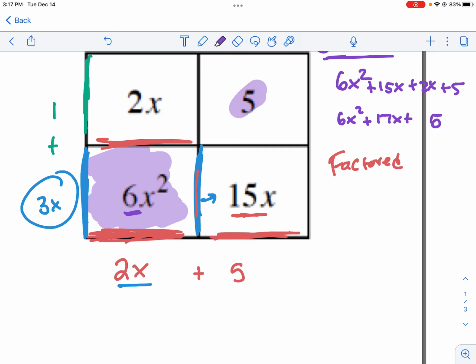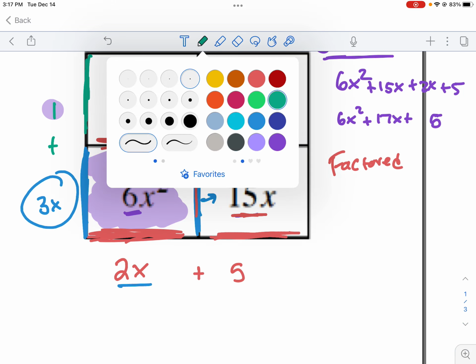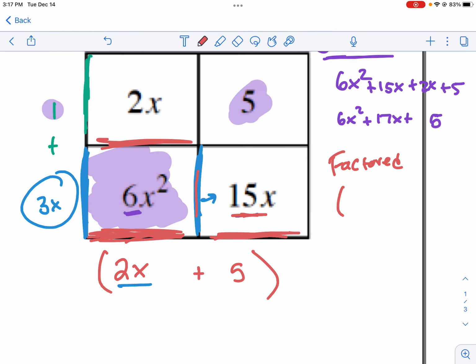And if you notice, oh, look at that, 1 times 5 is also 5. Your factored form of this equation would be your two lengths. So we have 2x plus 5 times 3x plus 1.